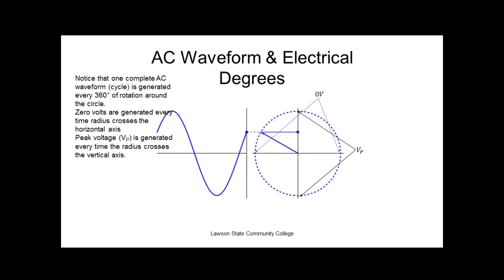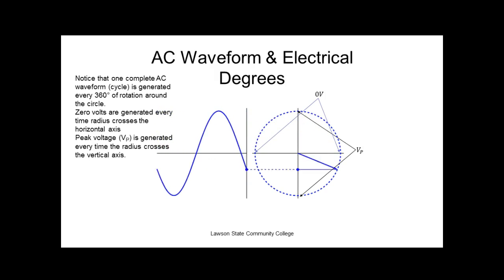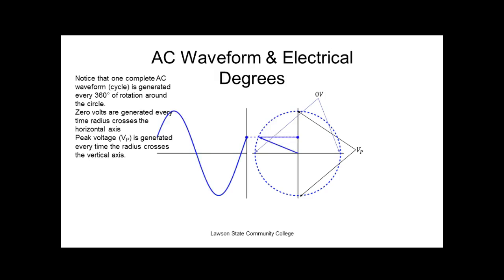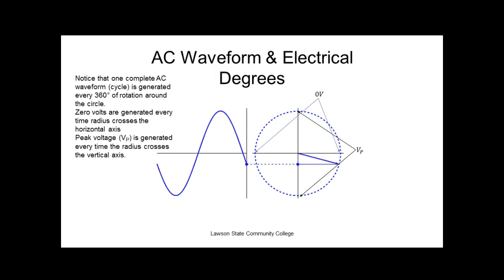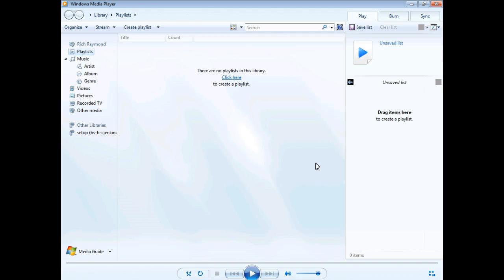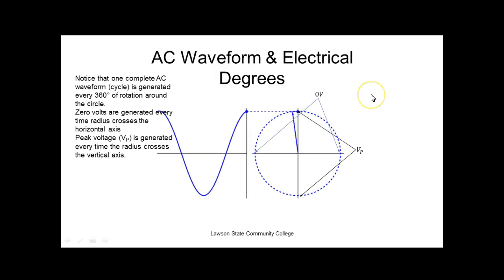Peak voltage, which we refer to as V peak, occurs at 90 degrees and at 270 degrees. So if we call this zero, then this would be 180 degrees. At 0 degrees and 180 degrees, we get 0 volts. At 90 degrees and 270 degrees, we get peak voltage.